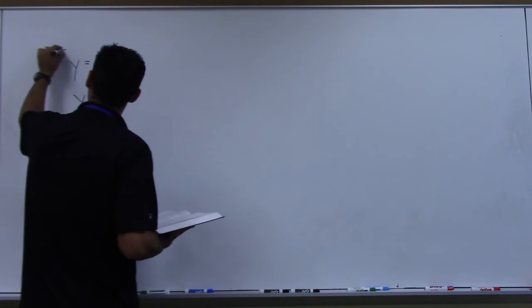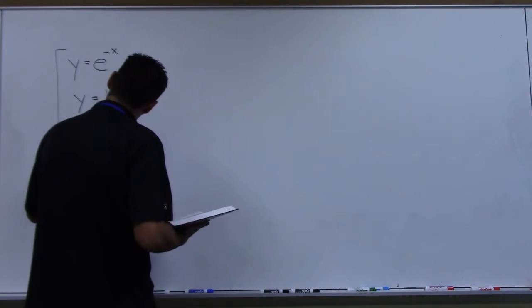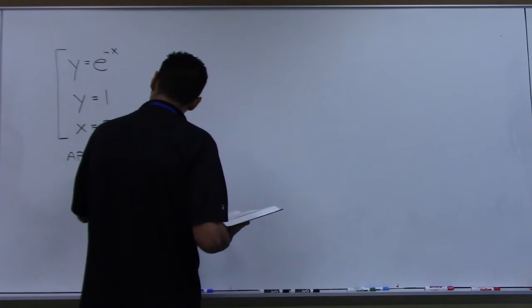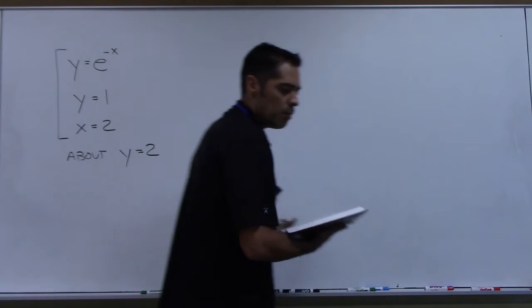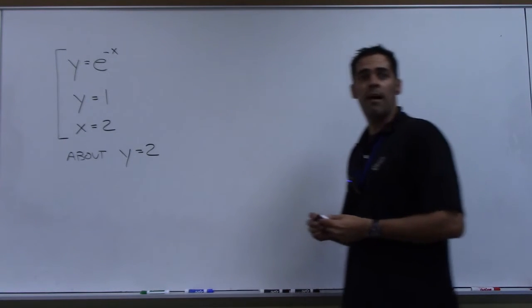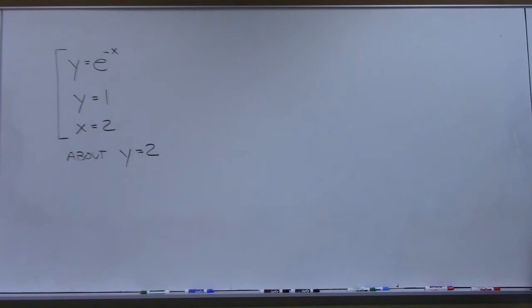Take that region and do it about y equals 2. Not the y-axis, not the x-axis, about y equals 2. And I'm really hoping that this problem is going to help illustrate how important it is to draw a good picture.